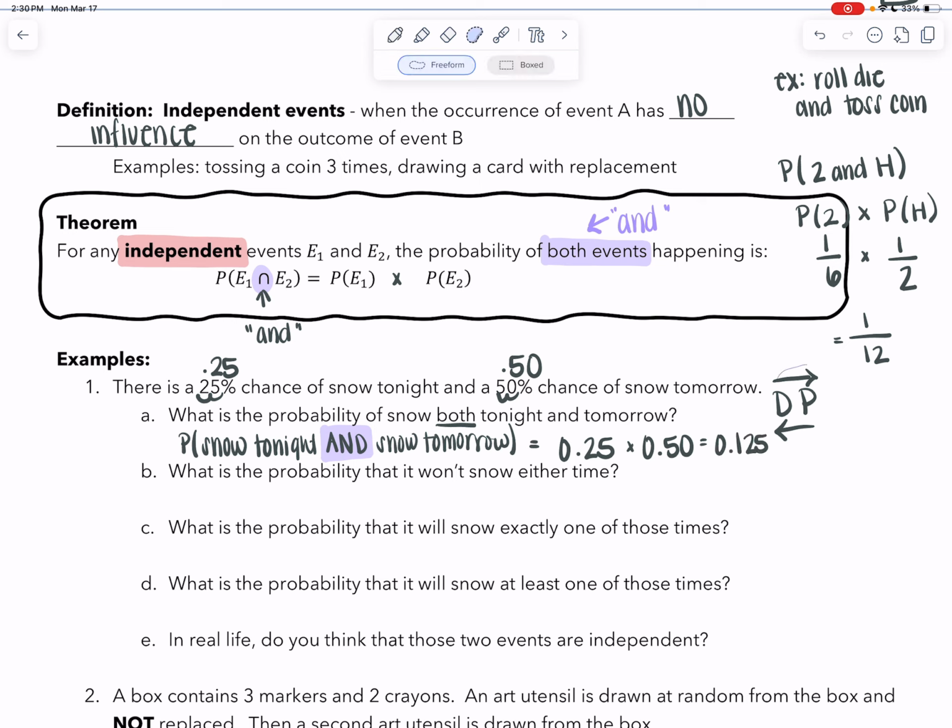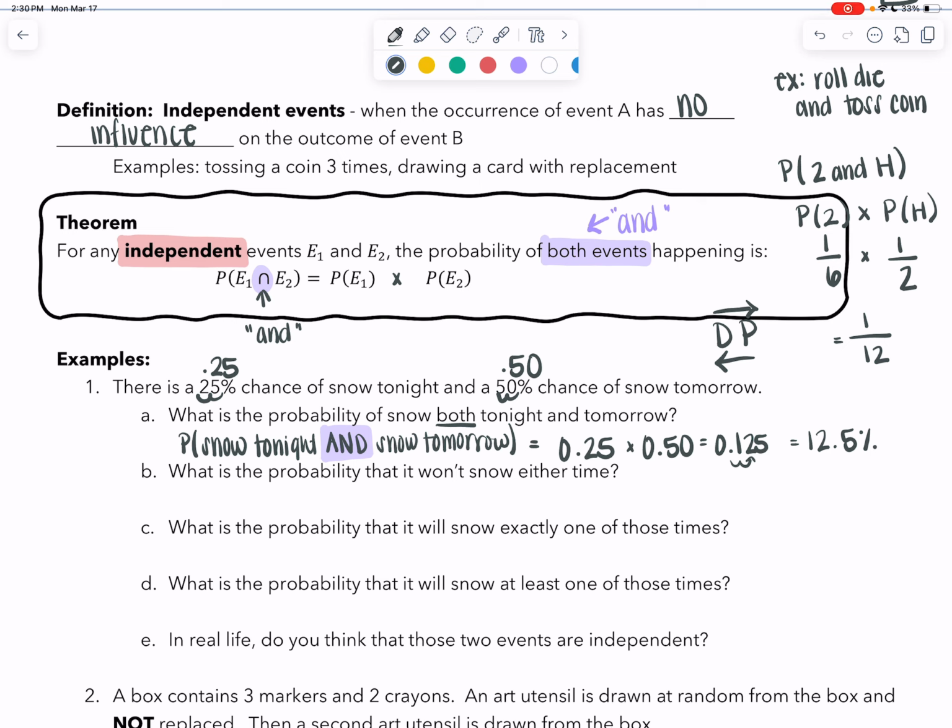You can just leave it as a decimal, but if it asked me for a percent, I'd move that decimal place 2 spots back to the right. So I could also write this as 12.5% or 0.125.